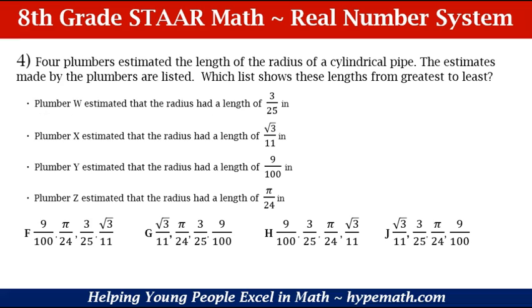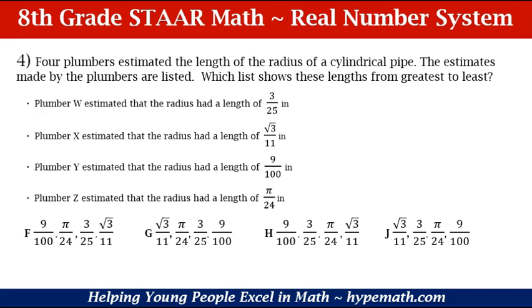Plumber X estimated the square root of 3/11 inches. Plumber Y estimated 9/100 inches. And Plumber Z estimated pi/24 inches.